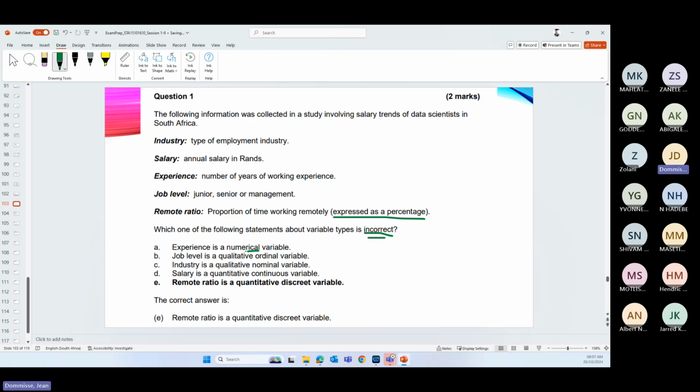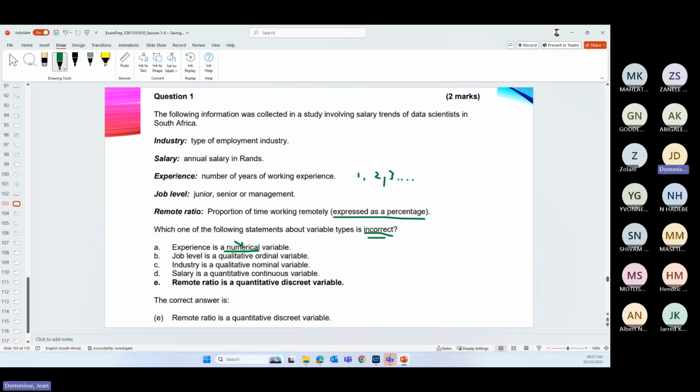Experience is a numerical value. So the number of years of experience will be 1, 2, 3, etc. So that is a numerical value.